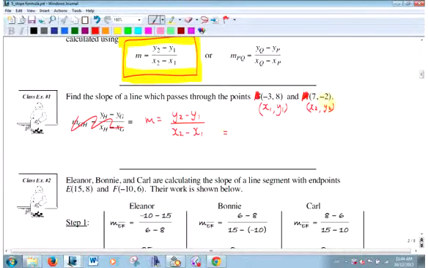y2, well, here it is. That's minus 2. Minus y1, here it is. That's 8. Over x2, here it is. That's 7. Minus x1, that's minus 3.